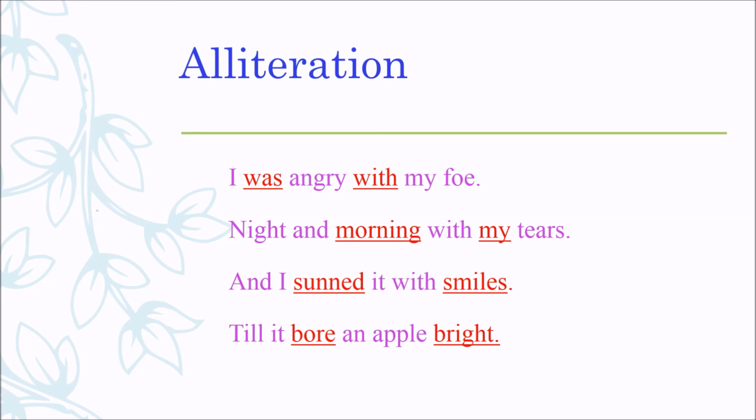I was angry with my foe, night and morning with my tears, and I sunned it with smiles till it bore an apple bright. So, the alliterated words are was, with; morning, my; sunned, smiles; bore, bright.